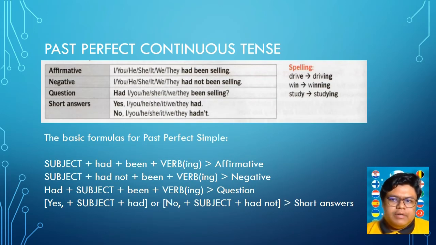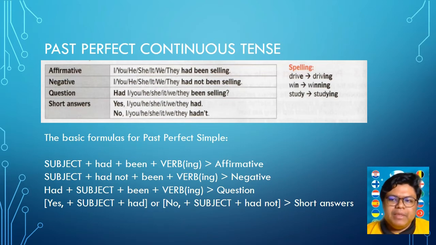Okay, so now let's discuss the forms of past perfect continuous tense. So there are basic formulas for this. If it's affirmative, subject plus had plus been plus verb with ing. Contohnya, I had been selling or you had been selling. Subject tu pronoun lah: I, you, he, she, it, we, they.